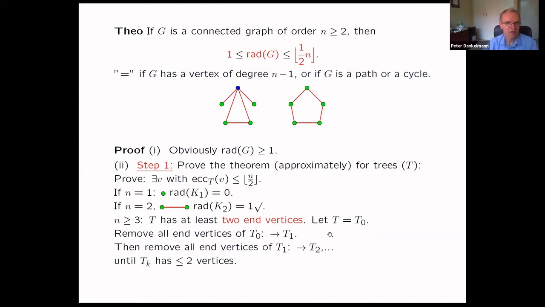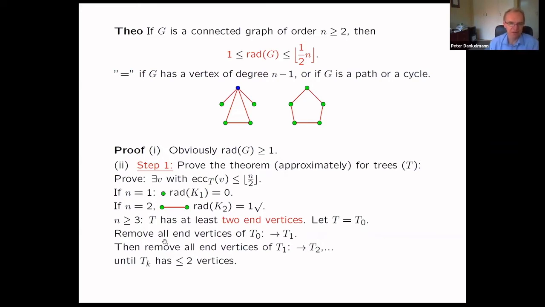So let's assume that our tree has at least 3 vertices. Because it's a tree, let me call it T. I like calling trees T, otherwise I get confused and I'll keep looking for a cycle. So our tree T has at least 2 end vertices. And just so that I can use it better in a moment, let me call this tree T0.